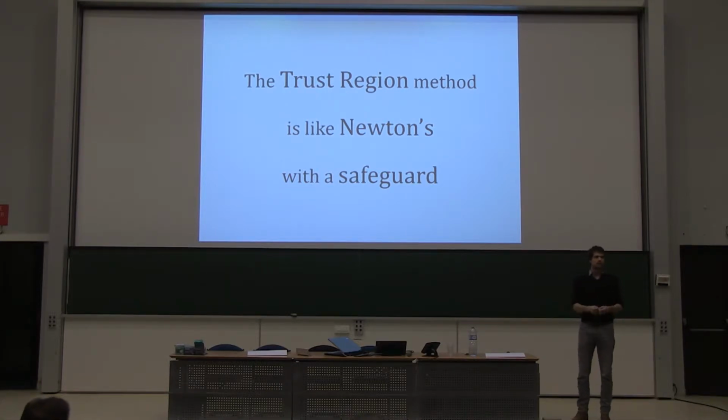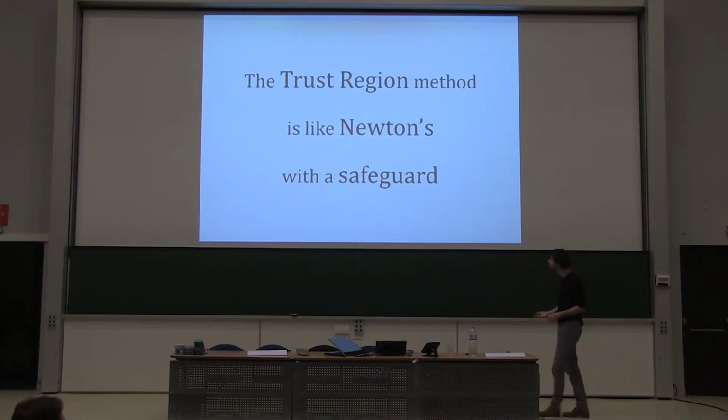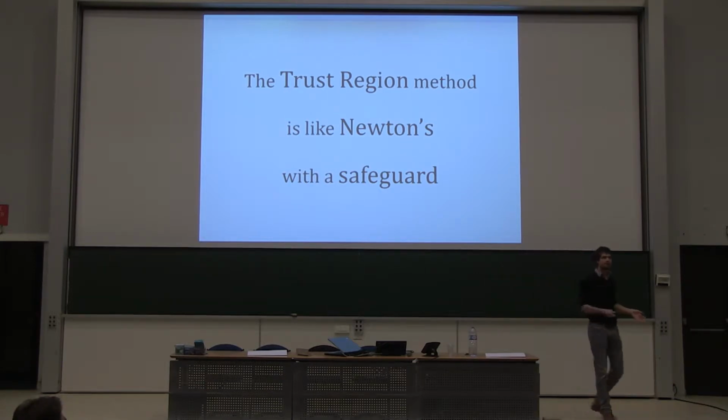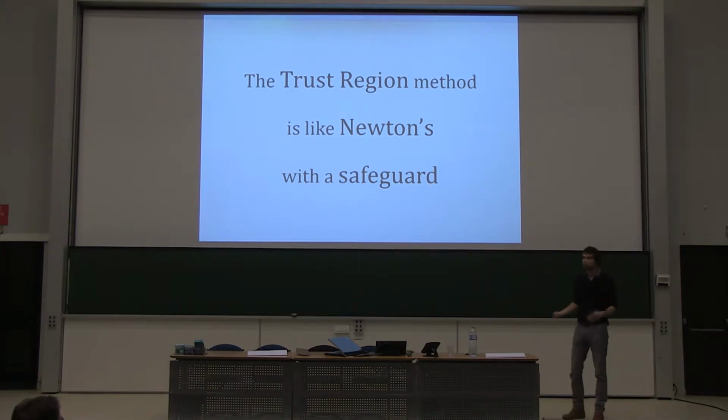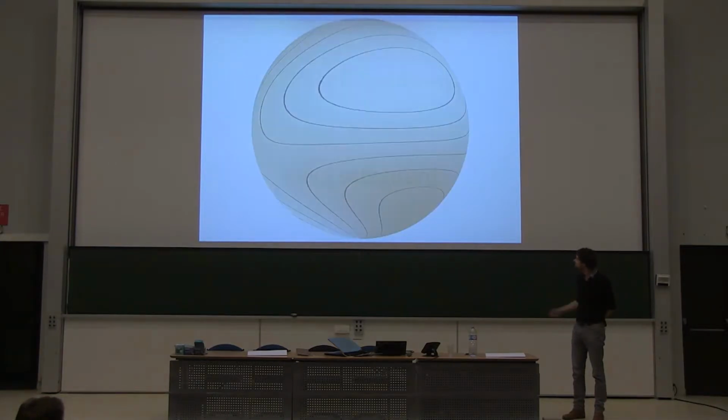The idea being, it's a local model, so I should only trust it locally. This has been around for a while in unconstrained nonlinear programming, and almost 10 years ago it was adapted to also work if you're trying to do optimization on manifolds. And so we know how to do this as well.